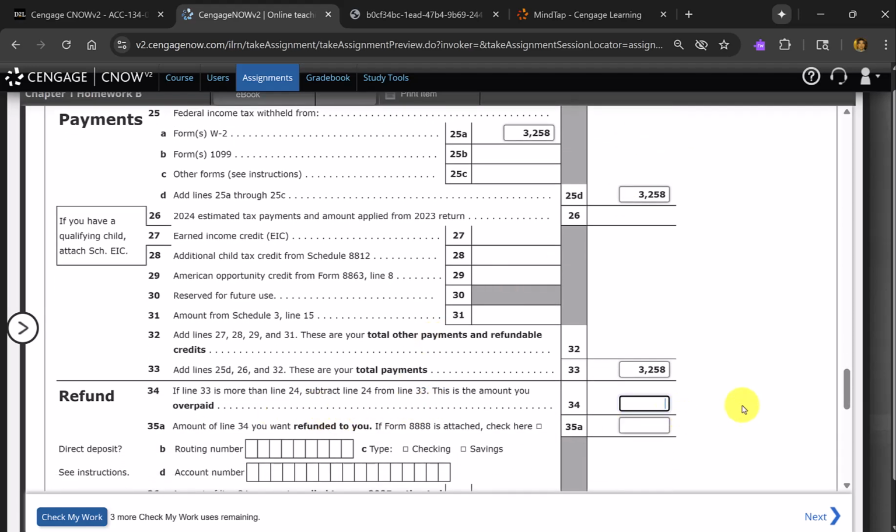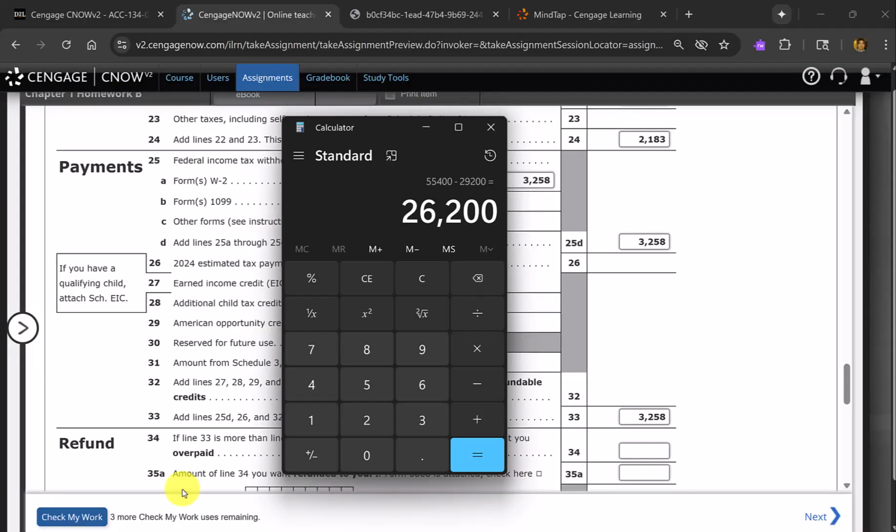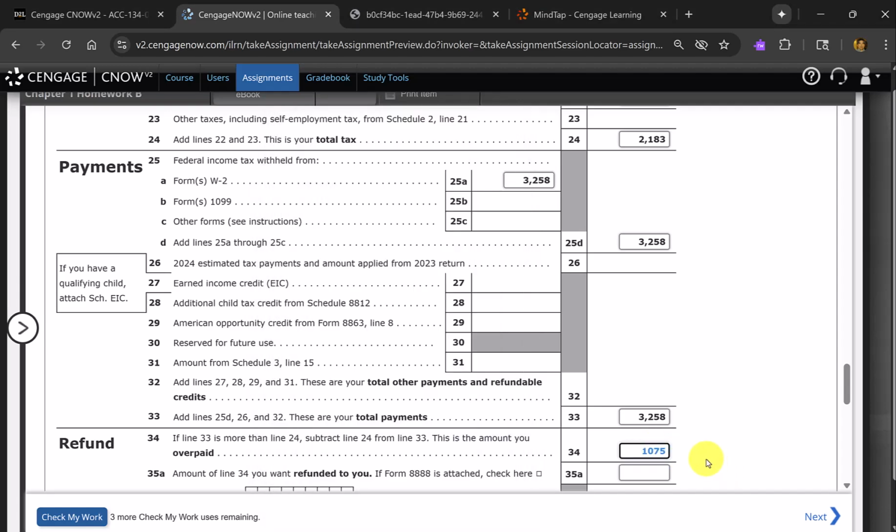I cannot do that in my head, so where's my calculator? 32.58 minus 21.83 is 1,075 overpaid for the whole year.